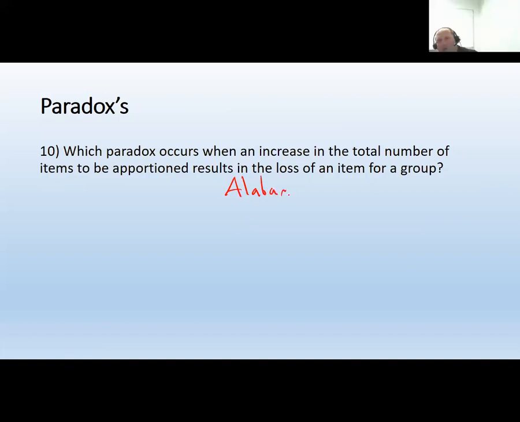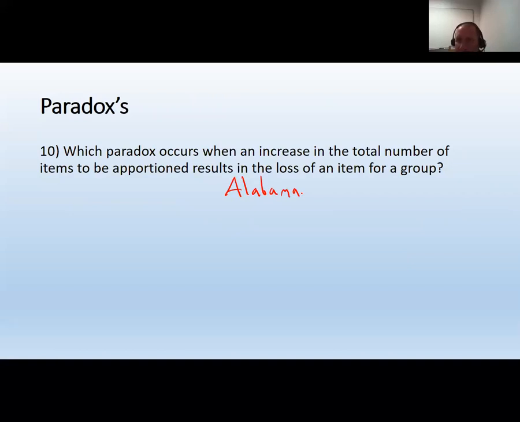The population paradox says that what can happen in the population paradox is that a group that increases their population at a lower percentage than another group gets more seats or gets an extra seat.